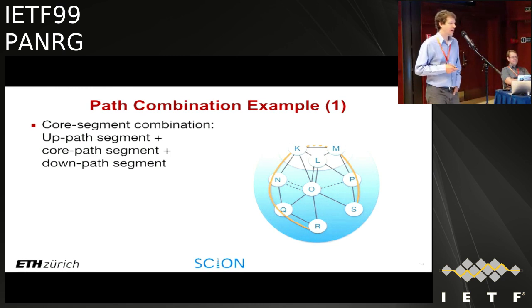So in any event, here we have an example for an up path, core path, and down path that is simply combined in this way. And then the packets follow the blue path. What's important for SCION is that we cryptographically protect the paths at two levels. The beacon messages themselves are protected with digital signatures, which are slow and expensive to compute and verify, but they allow anyone to verify them.